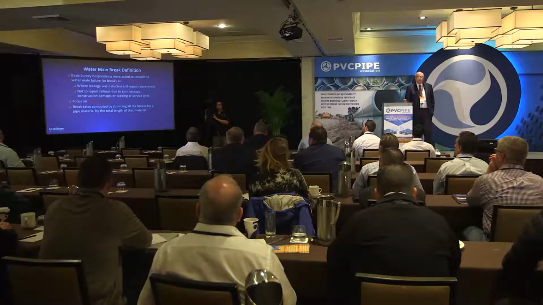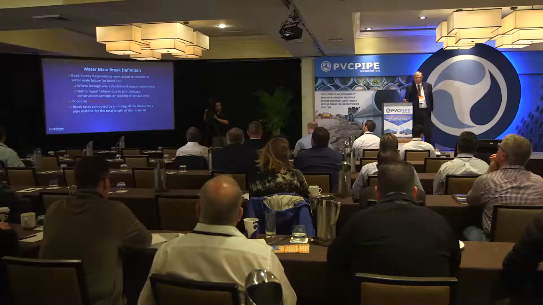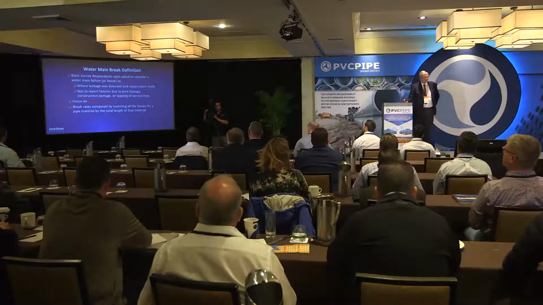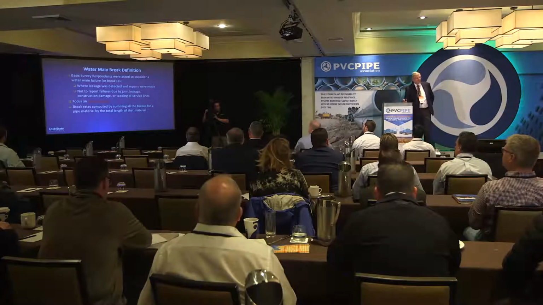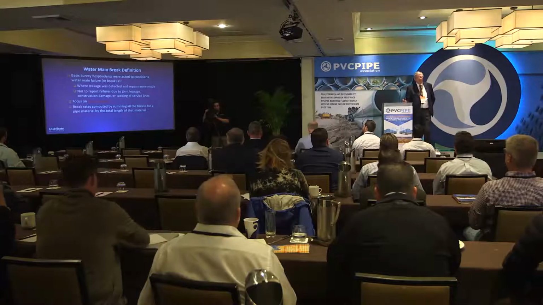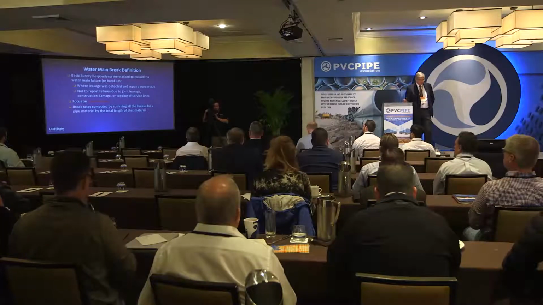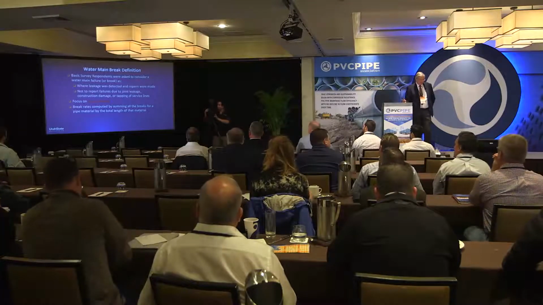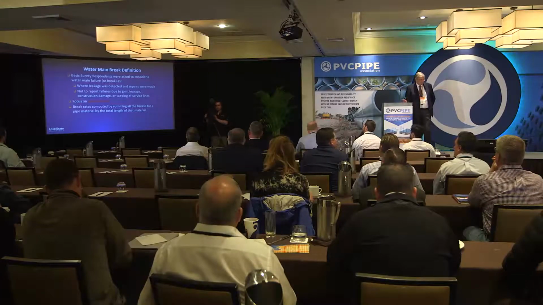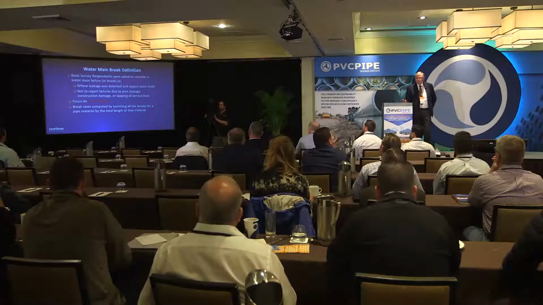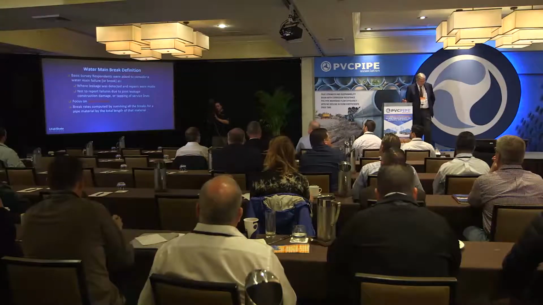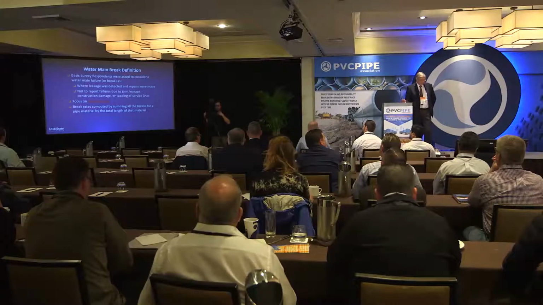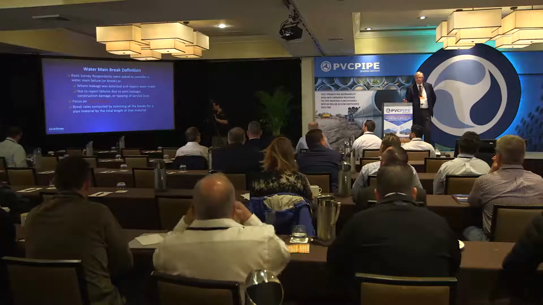Everybody might have a little bit different definition of what we call a water main break. We spelled it out from the beginning. We used the exact same definition we used in 2012: leakage was detected and repairs were made, but we asked respondents not to report breaks due to joint leakage, construction damage, or tapping of service lines.